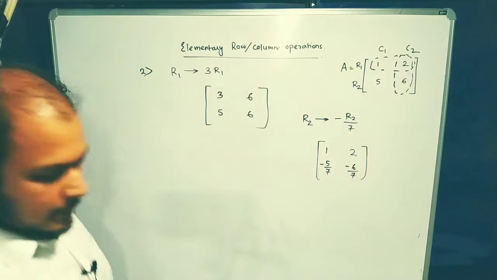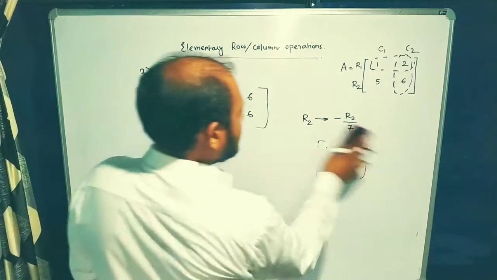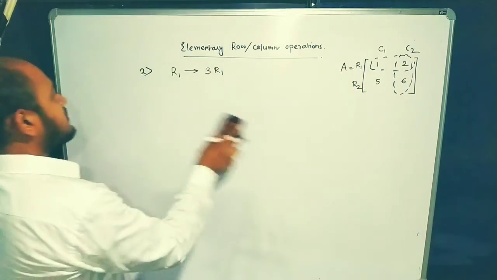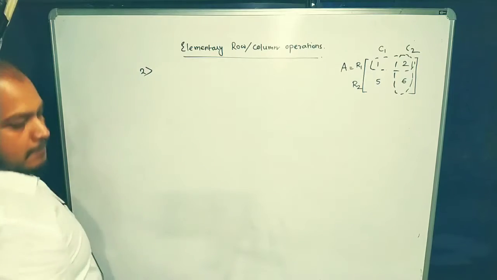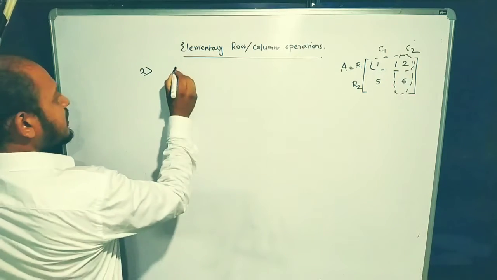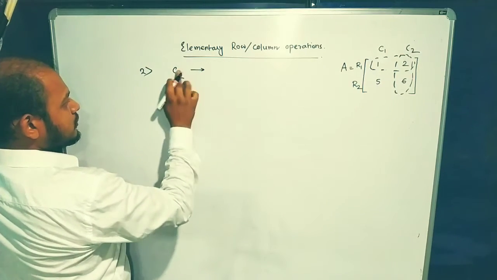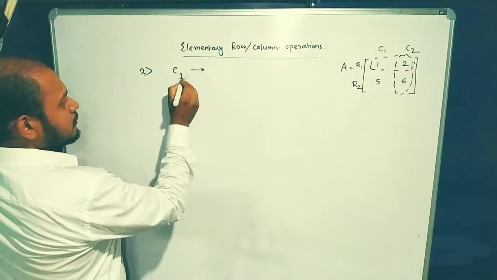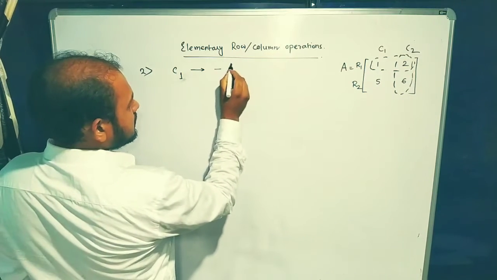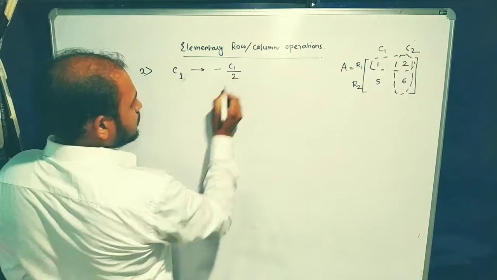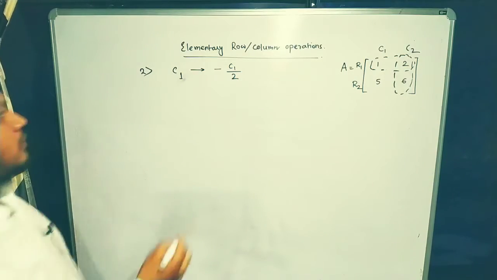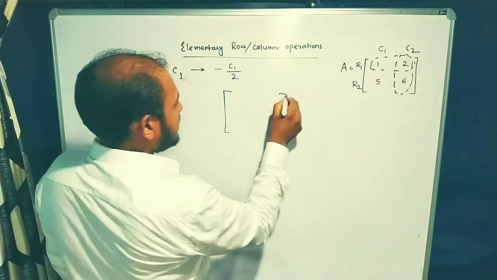It is very simple. Let's look at another example. For example, say I multiply the first column with minus C1 by 2. What will be the answer? Well, let's look at the matrix.